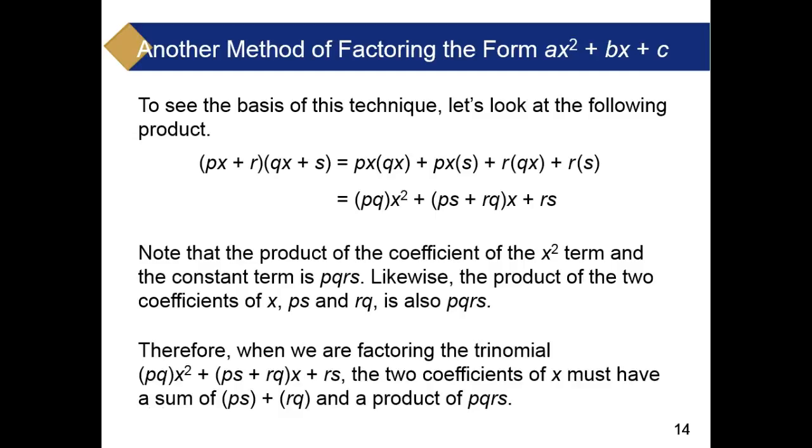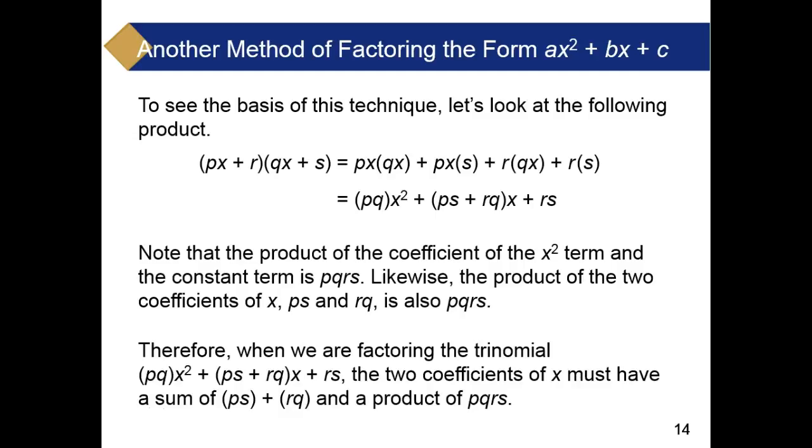And that's a pqx squared, that's this one. And then these only have one x in it, so it's ps plus rq times x, and then r times s. Okay? Note that the product of the coefficient of the x term and the constant term, okay, is PQRS. Okay, fine.